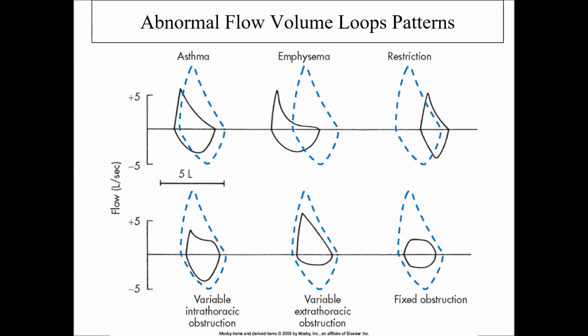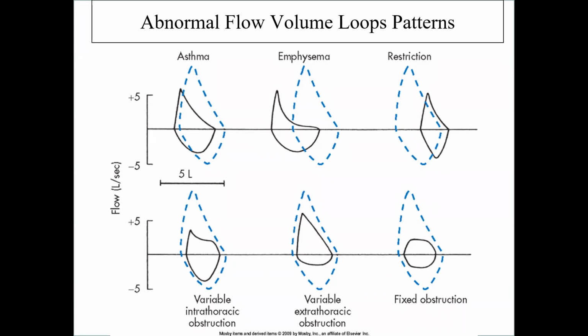The emphysemic patient there, what's different is, if you look at it, the flow is never as great. The flow is the height. So for that top middle, the flow is crudely probably 60% of what the normal dotted line shows you.